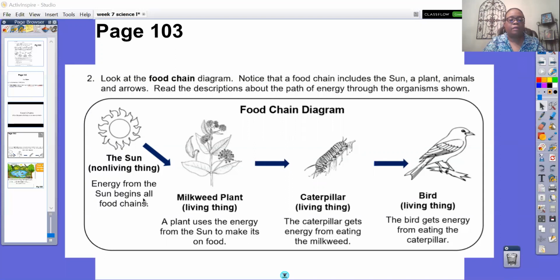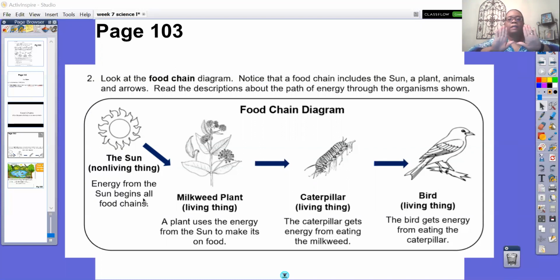So the milkweed plant is a living thing. A plant uses the energy from the sun to make its food. So the plant is getting its energy from the sun. And next, the plant gives its energy to the caterpillar.